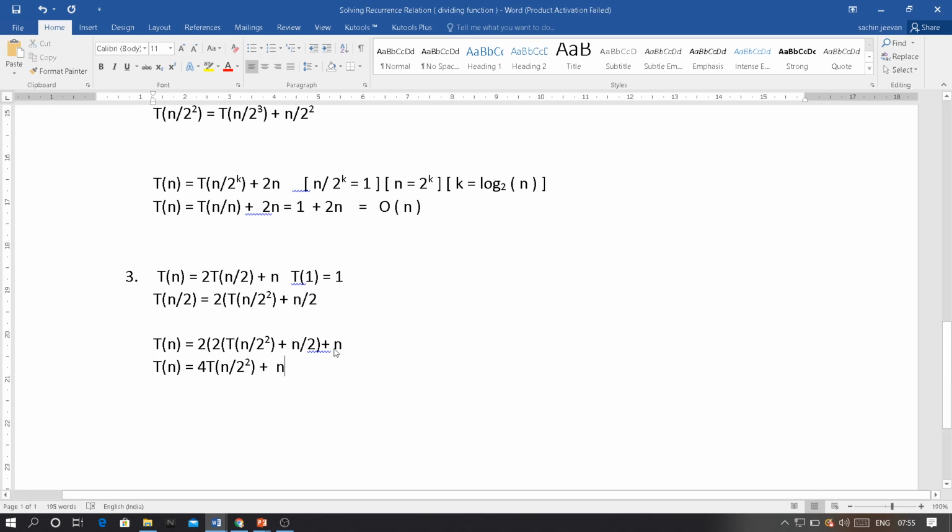And one more term, n, is there in the formula. That term we are also going to include. So this is equal to plus 2n. Now what is the next step?